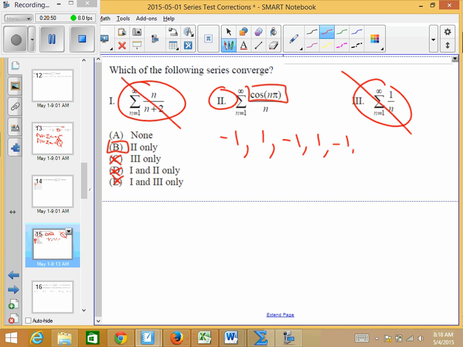It could also be written another way if you don't like that on the test. That would be the exact same thing if you have one negative and another negative. So be on the lookout for that.